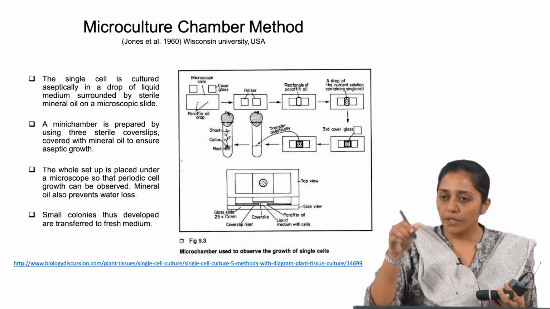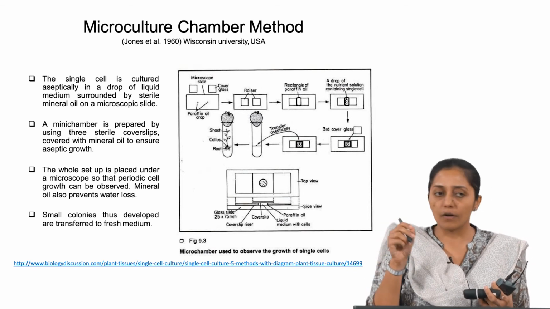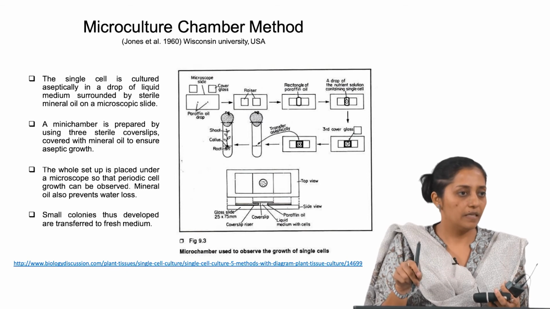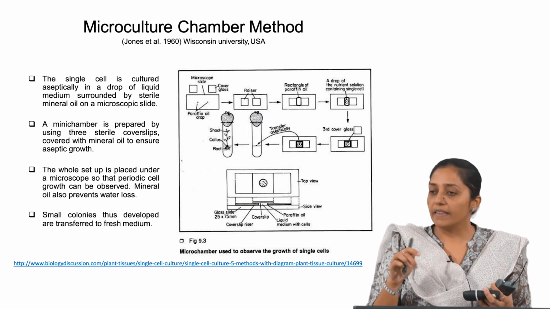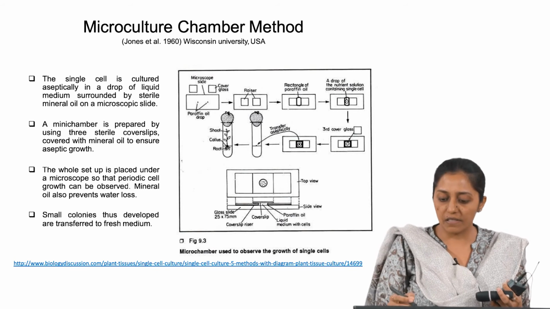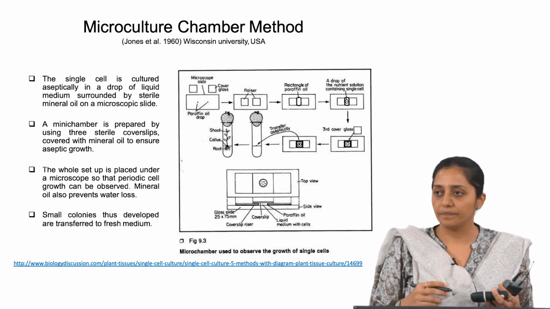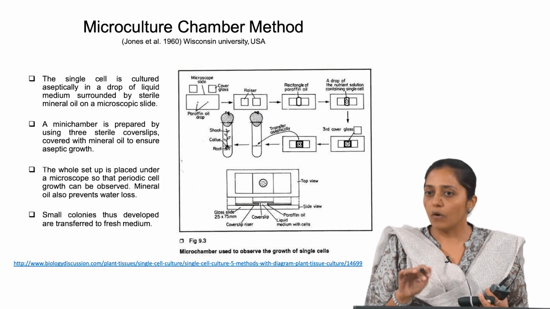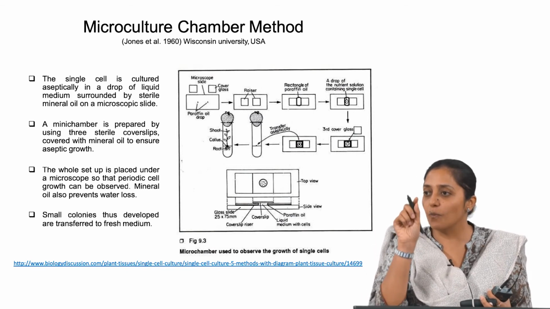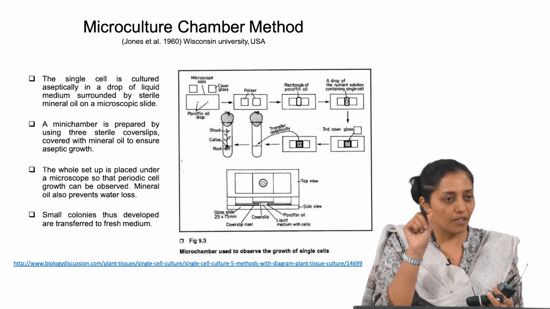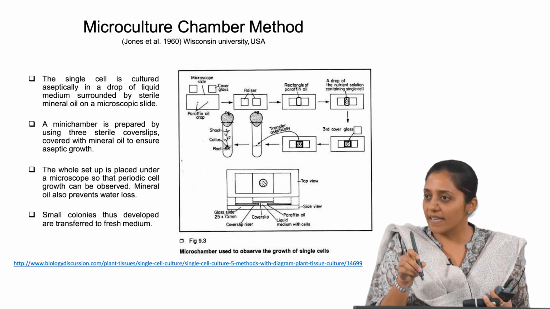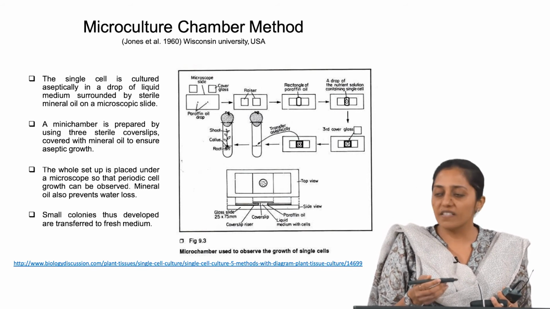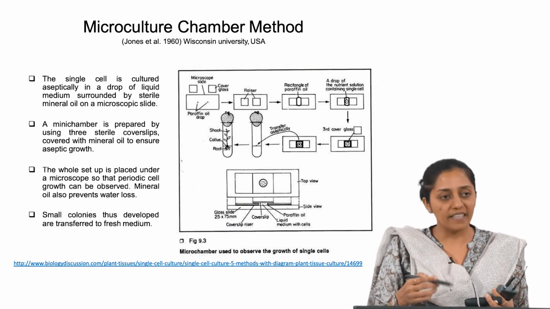Then you inoculate 1 drop of liquid nutrient with your cell inside that gap, and then you cover this with the 3rd cover slip on top, with the paraffin oil. So, now it becomes like a small square chamber, a mini chamber or micro chamber, where that single cell is in the drop of the liquid nutrient, and then you can see under the microscope, and let it divide.